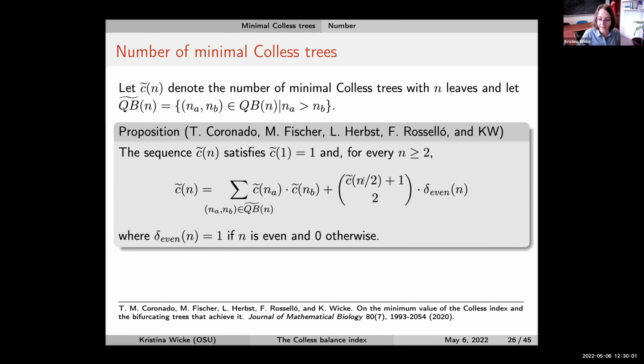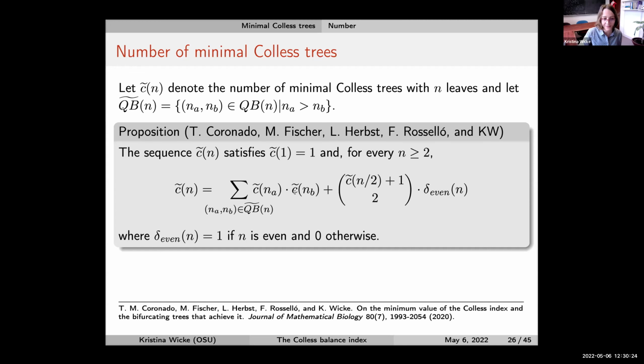And then for the case that NA is equal to NB is equal to n over 2, we count the number of ways we can choose two minimal trees on n over 2 leaves and combine them into a tree on n leaves. So this is this last term here. Okay, so we have this recursion for the minimum Colless index.